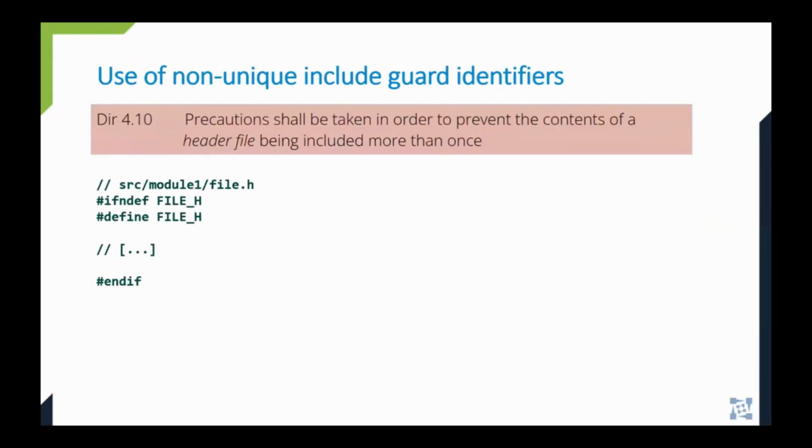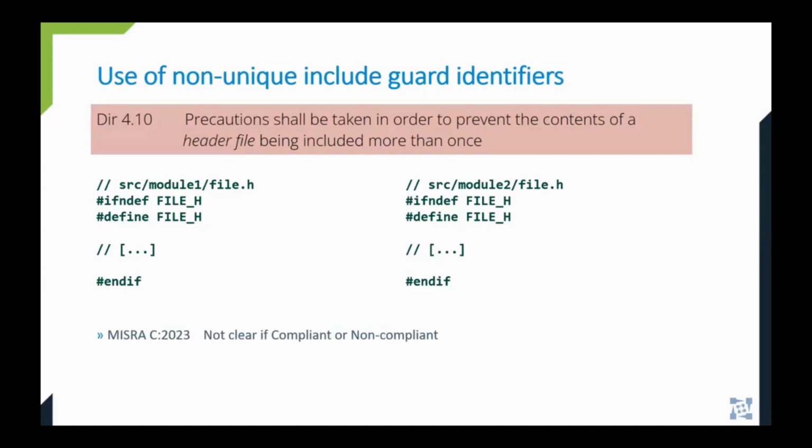MISRA C 2025 updated also the directive that requires using some mechanism to prevent a header file from being included more than once. This is usually achieved with using macro guards in the headers. Now, if we have another header file in the project which uses the same macro identifier as the include guard, this may become a problem if both files are included into one translation unit, as the contents of only one of those files will be in fact included.